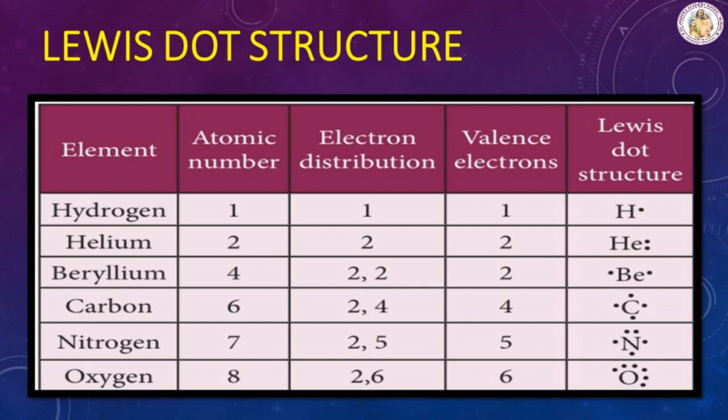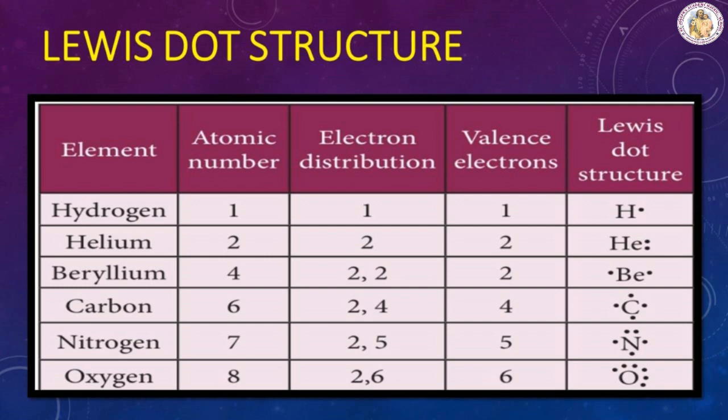Here atomic number is 6, electron distribution is 2, 4, valency electron is 4. Here also we have unpaired electrons, represented by single dots. So nitrogen atomic number is 7, electron distribution 2, 5, its valency electrons 5.